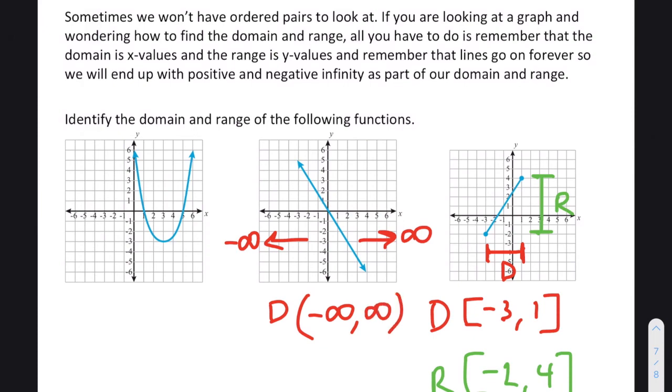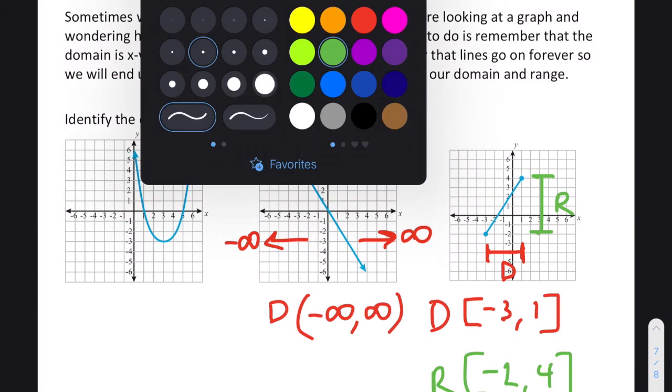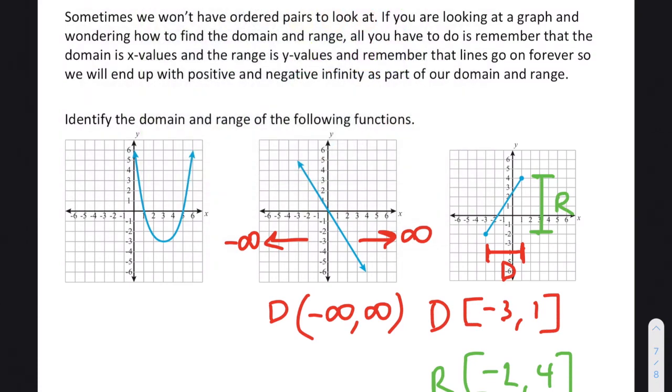Okay, and similarly with our range, we have a range that the line continues on forever. So same thing with y values. We could just continue to add a y value as we go up or a y value as we go down. So we're going to go to +infinity here, and we're going to go to -infinity here. So our range goes from -infinity to infinity.